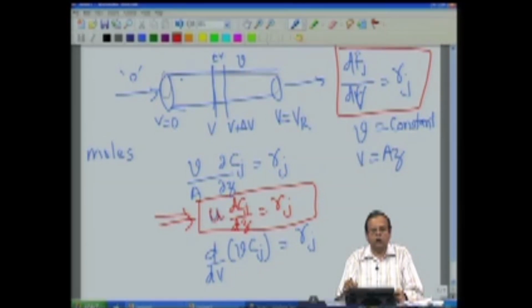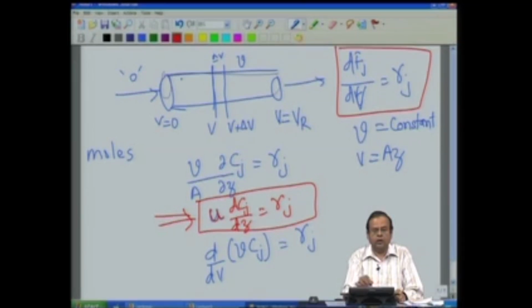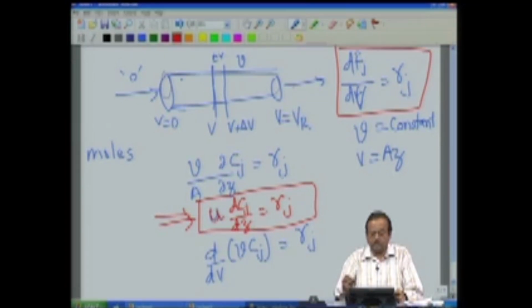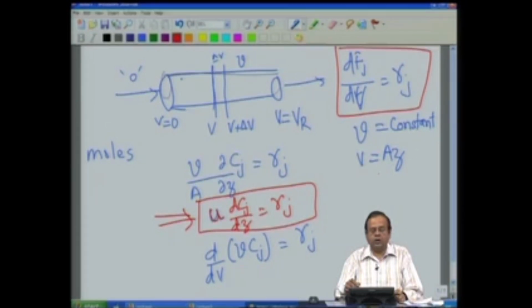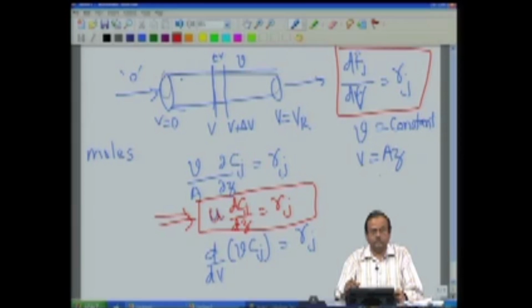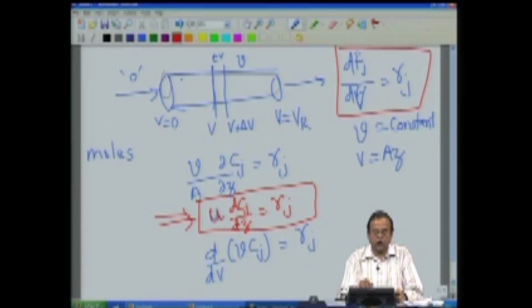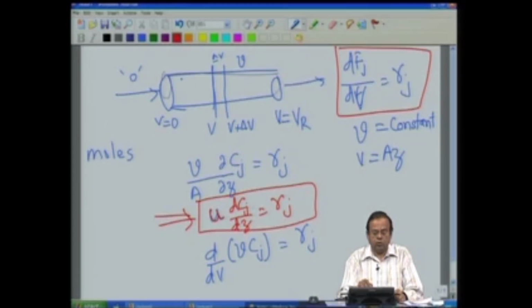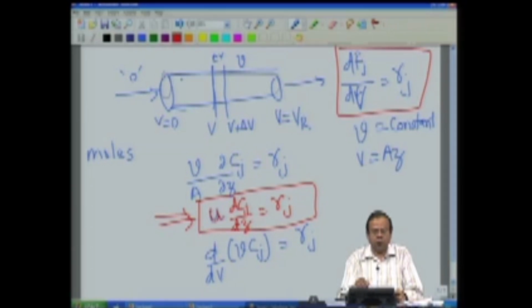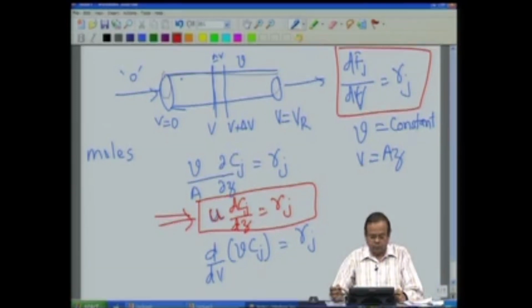Both these things boil down to constant density along the length of the reactor, and under those conditions, plus the diameter of the tubular reactor being constant along the flow direction, we get our mass balance equation, which looks like U dC/dZ equal to Rj.